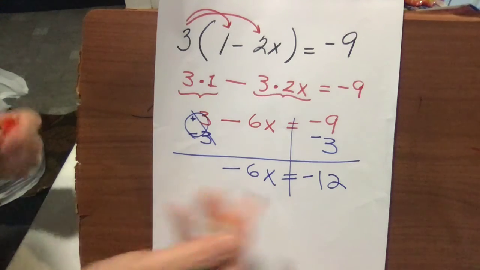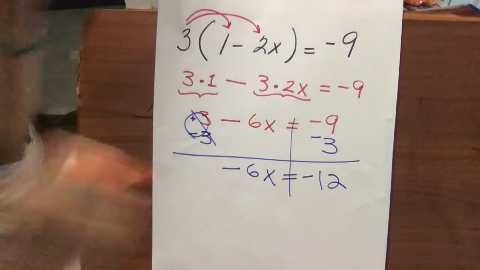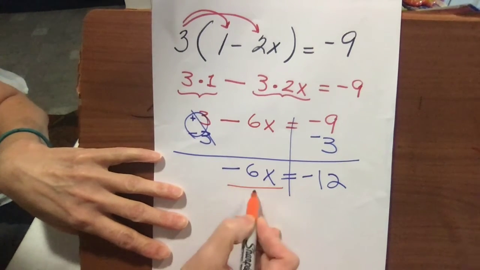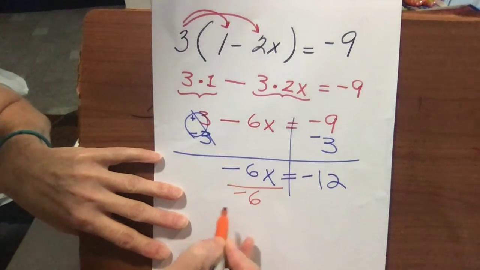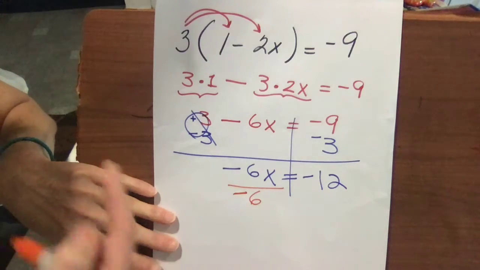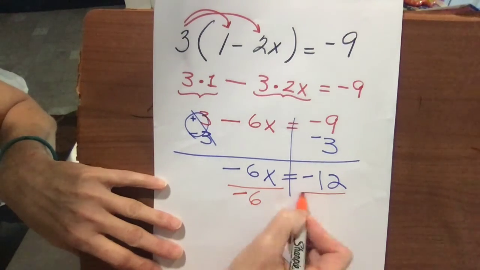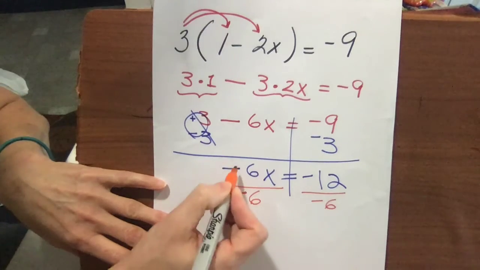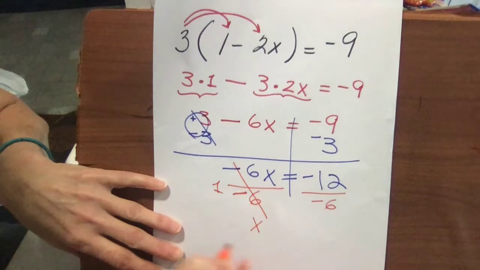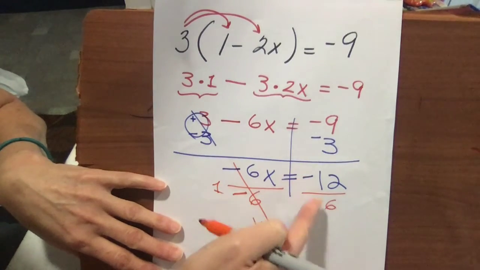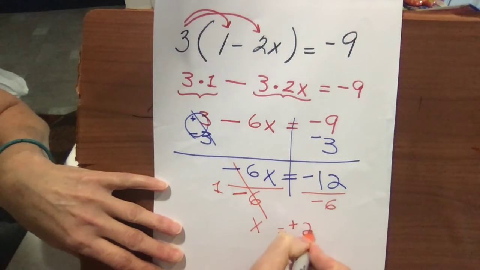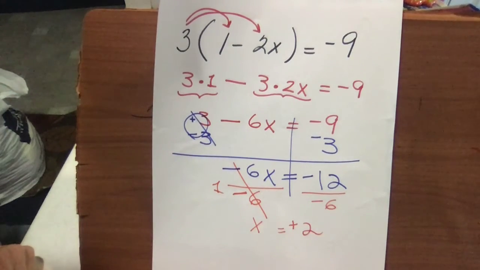Now we still have one step to go, and that is to solve for x. x is being multiplied by negative 6, so we're going to undo the multiplication by dividing by negative 6 on both sides. Any number divided by itself is 1, so we get 1x equals, and a negative divided by a negative is a positive, and 12 divided by 6 is 2. So our answer is x equals positive 2.